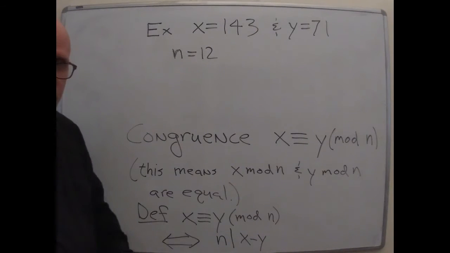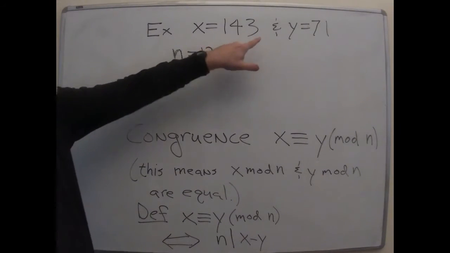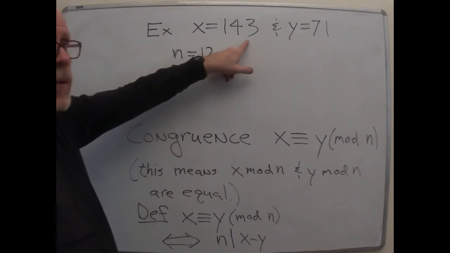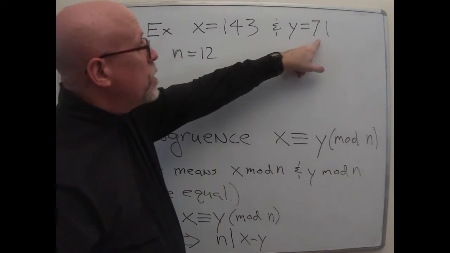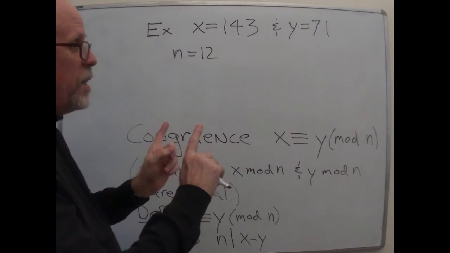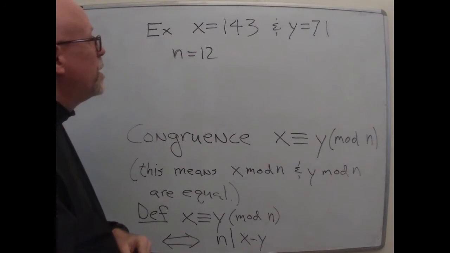So this isn't what we're supposed to do, but I wanted you to check what are the remainders on these two guys when you divide them by 12. You may have noticed that I snuck something in there. I made this guy one smaller than 144, and this one smaller than 72. So these guys are at the position right before a multiple of 12.